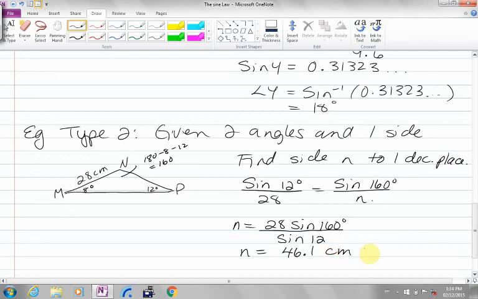Yes. How do you get n equals 28 sine 160? This times this divided by that. Okay. Right? Cross multiply and divide. Yes, Marie. Do you have to show that stuff or can you just? Yes. I want you to write this, you write this, you write this. Why can't you just multiply sine 160 to the first part of the equation?